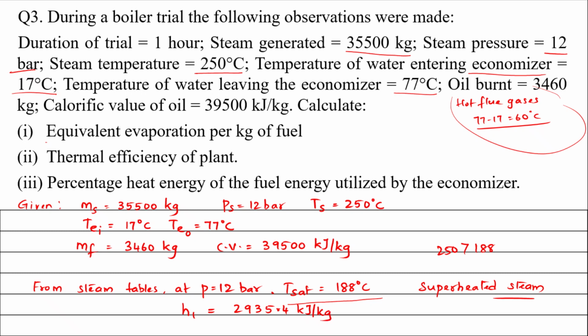This value is from the specific enthalpy of superheated steam, which I can get on page number 19 of the steam tables, if you are using the steam tables by R.S. Khurmi.